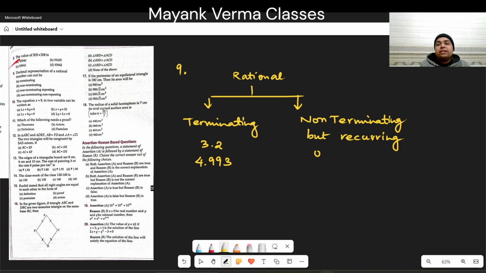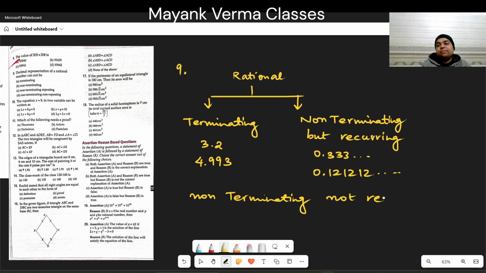Like 0.333 dot dot dot, like 0.121212 and so on. So we can say that it is not ending itself but it is repeating itself. So this is non-terminating but recurring. But it is saying that a rational number cannot be, so it should be non-terminating and not repeating, or not recurring.